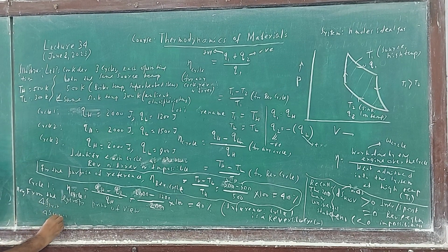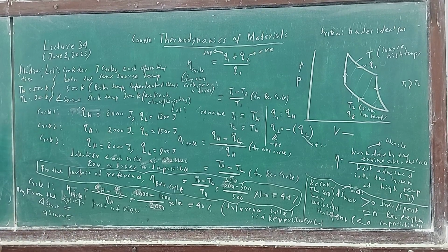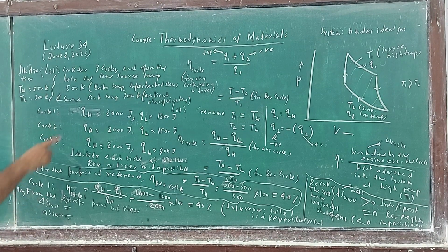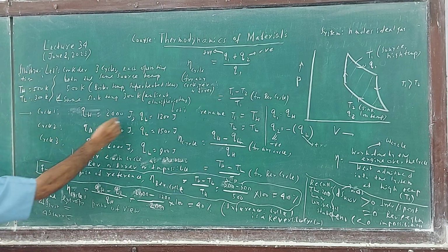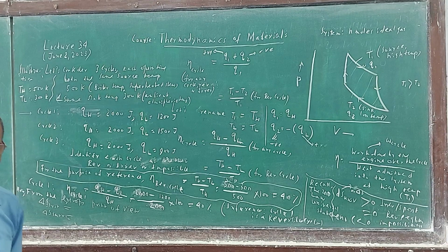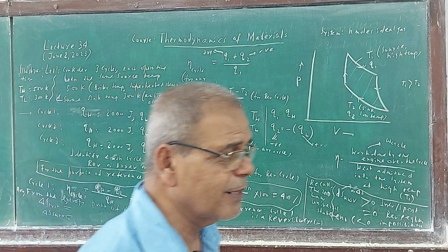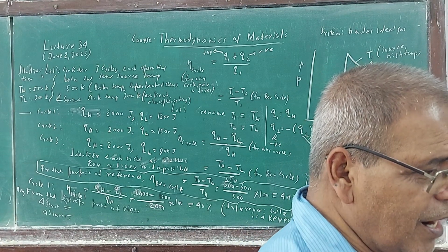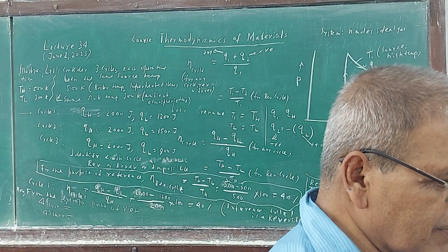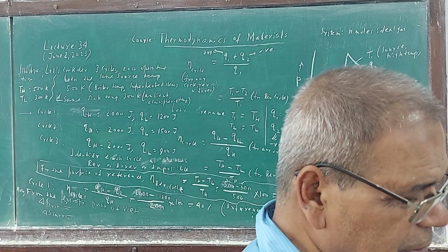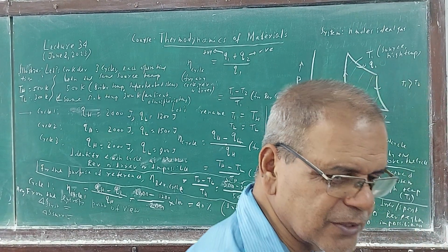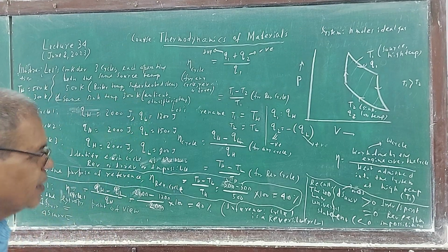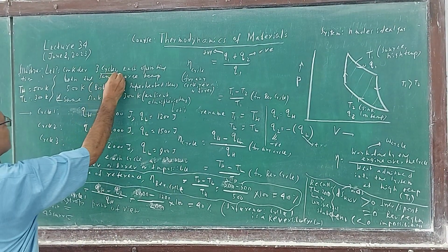What is delta S system? I know the answer because it is a cycle, sir. So delta S system is 0. These are all cyclic engines, three cycles.